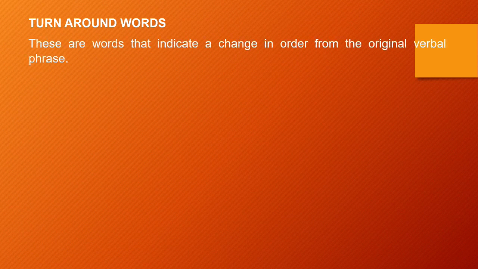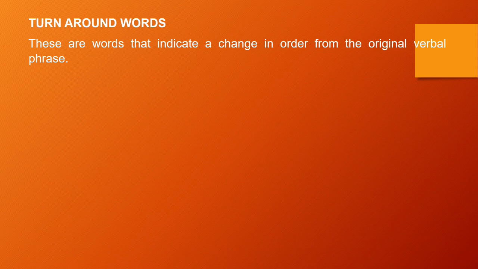So these are words that indicate a change in order from the original verbal phrase. So the word than in verbal phrases, 2 less than 3 times a number, the algebraic expression 3n minus 2. Reason, this indicates that 2 will be written after the term 3n.